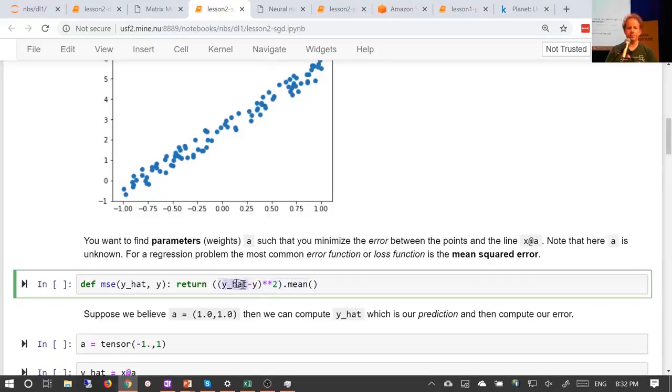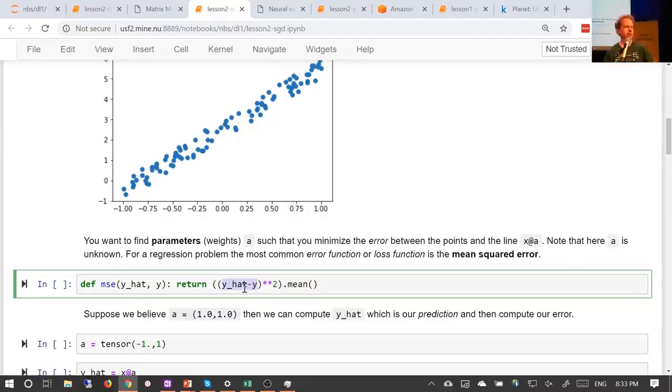Because remember, that is actually a vector, or what we now call a rank 1 tensor. And that is actually a rank 1 tensor. So it's the number of ice cream sales at each place. So when we subtract one vector from another vector, and we're going to be learning a lot more about this, it does something called element-wise arithmetic. In other words, it subtracts each one from each other.